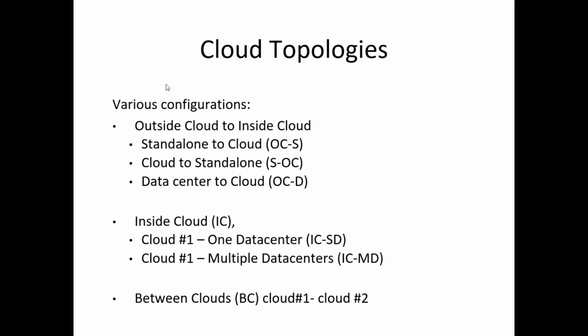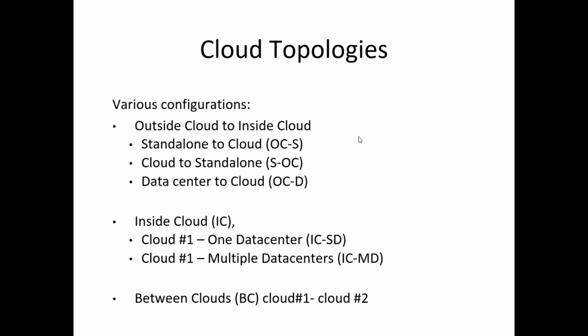Let's say that you have something that's outside the cloud. Say my client is outside the cloud, and I'm going to somewhere inside. Well, outside the cloud, what does that mean exactly? You could have a standalone server like, for example, from one of our hosting services that's connecting directly to the internet going into the cloud, or vice versa.